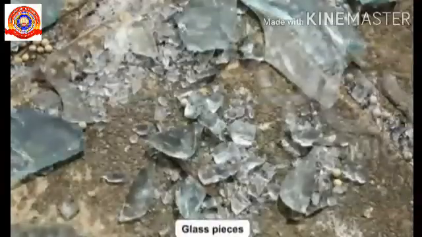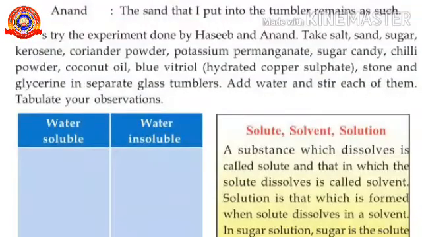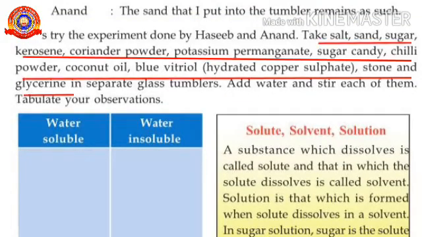In your textbook, there is an activity to check the solubility of some substances in water. Salt, sand, sugar, kerosene, coriander powder, potassium permanganate, sugar candy, chili powder, coconut oil, blue vitriol, that is hydrated copper sulfate, stone, glycerin are there.